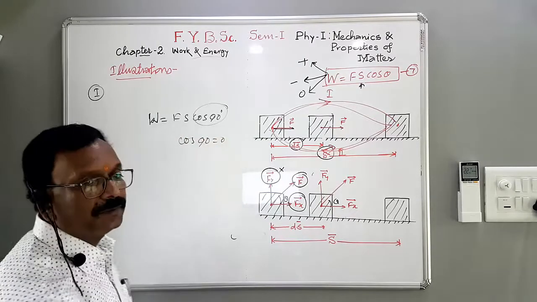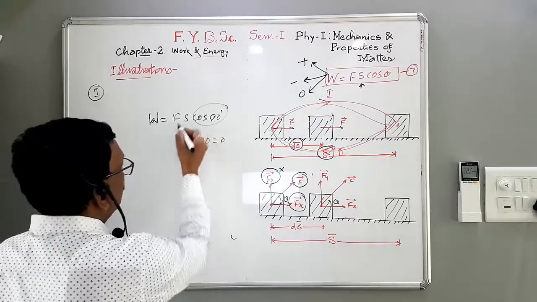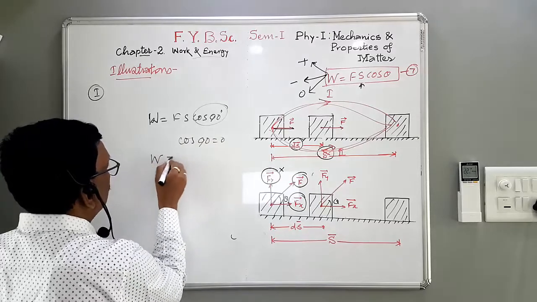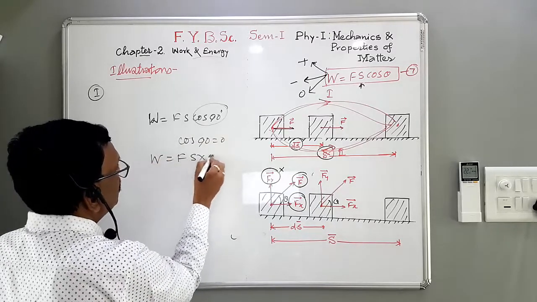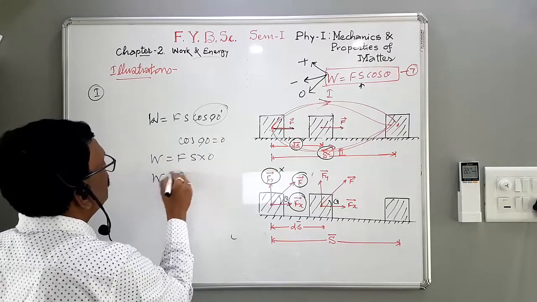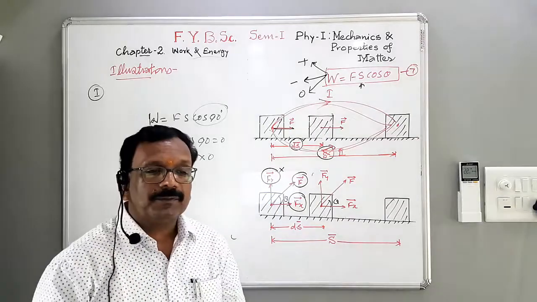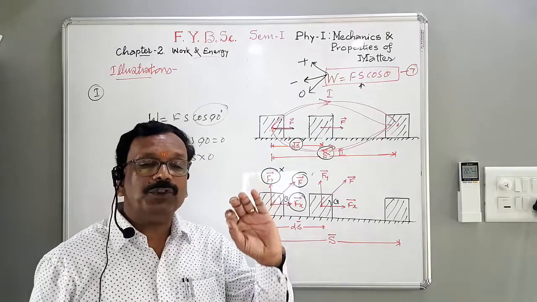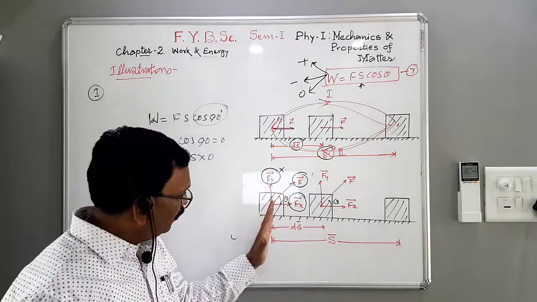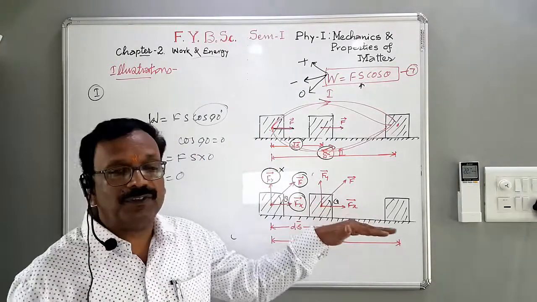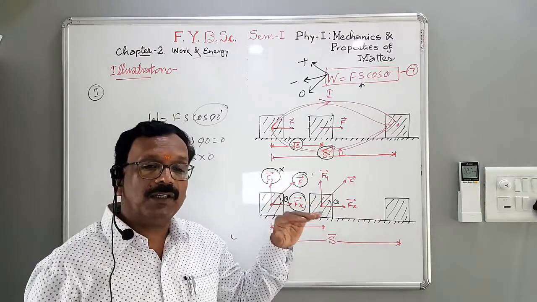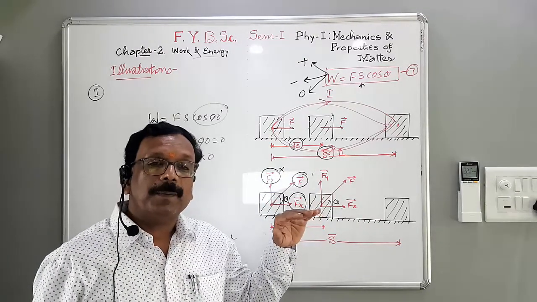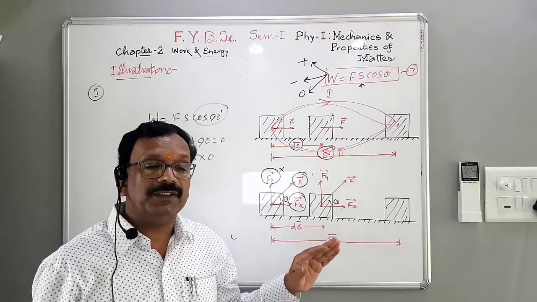When we substitute this value 0 here, W is equal to F S into 0, and finally W is equal to 0. If the body moves perpendicular to the direction of the force, obviously the work done is 0.